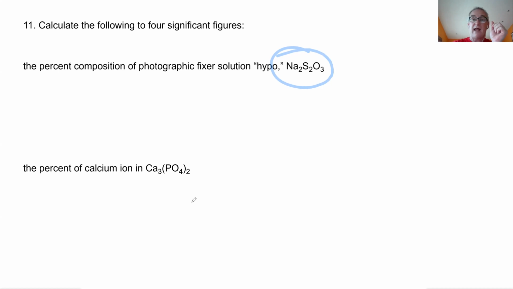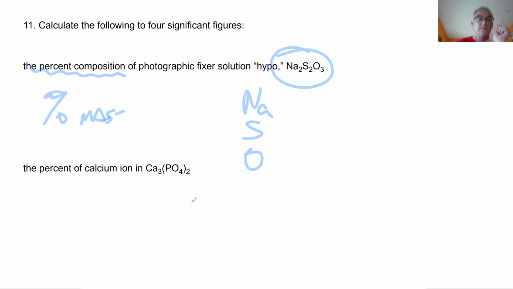Out of that, how many grams would be sodium? How many grams would be sulfur? And how many would be oxygen? That's what we need to know. That's what percent composition means, is percent mass. So that's what we need to determine here.